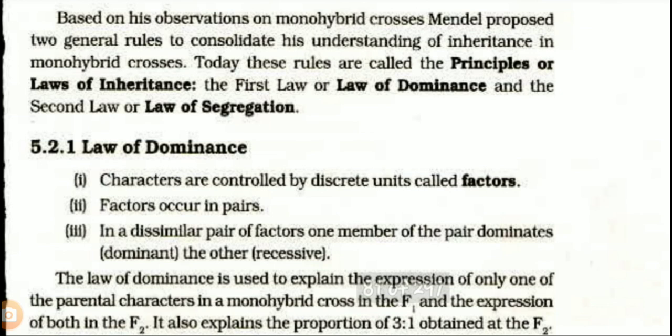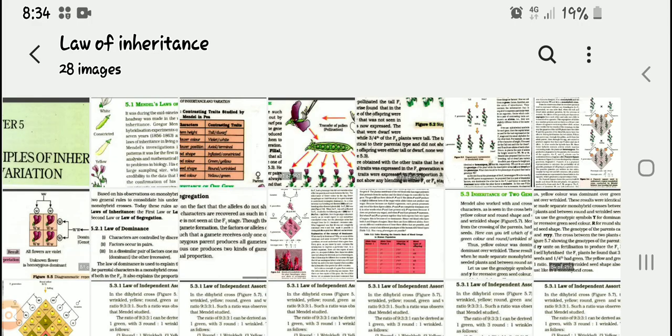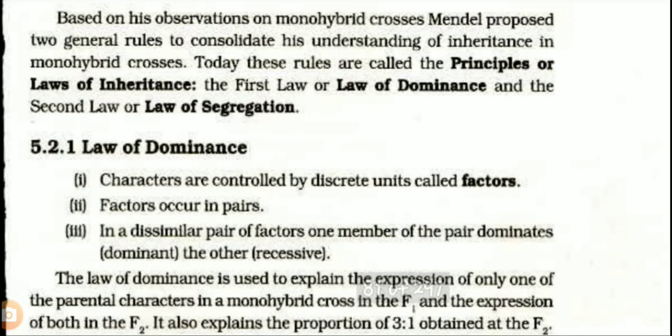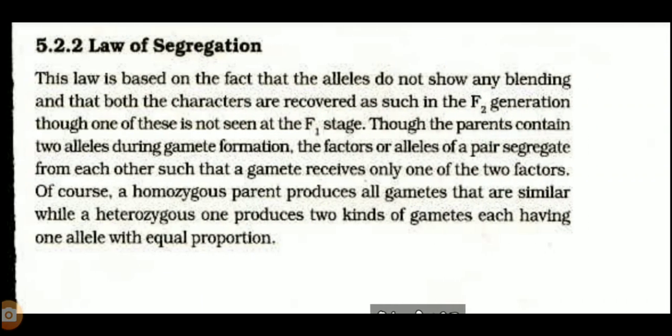In a dissimilar pair of factors, one member of the pair dominates, that is the dominant, and the other is the recessive. The law of dominance is used to explain the expression of only one of the parental characteristics in a monohybrid cross in the F1 and the expression of both in the F2. So he explained the proportion 3 to 1 in the F2 generation.